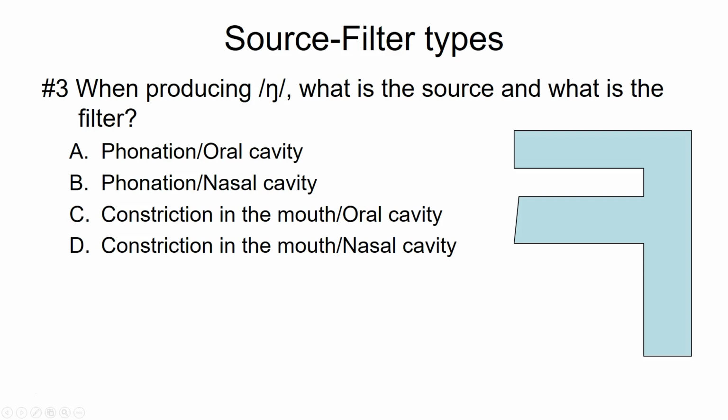So a combination of phonation and oral cavity, phonation and nasal cavity, or constriction in the mouth and oral cavity give us our basic vowel type sounds, our nasal consonant type sounds, and our other consonant type sounds. The one combination that we don't have at all is some sort of constriction in the mouth resonating in the nasal cavity. That combination doesn't happen.